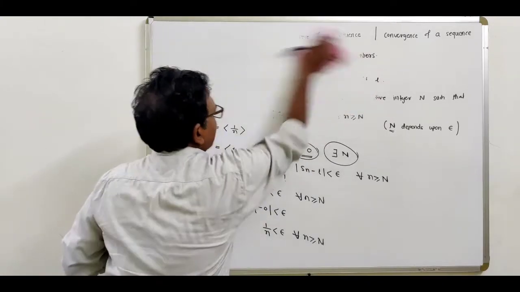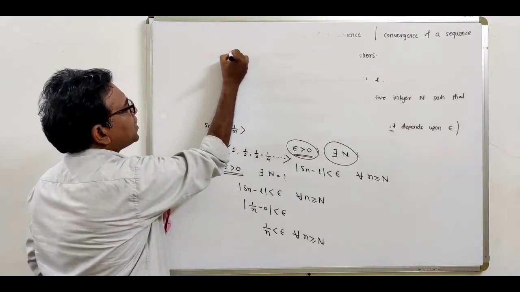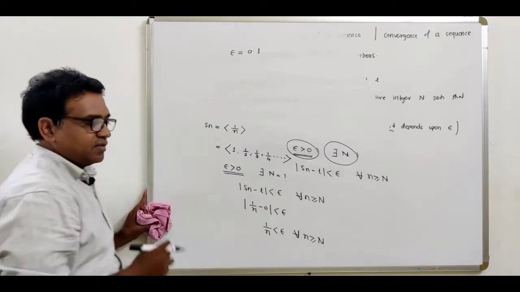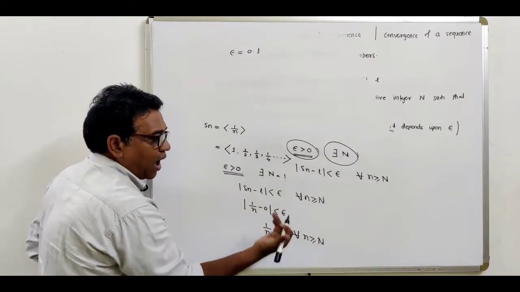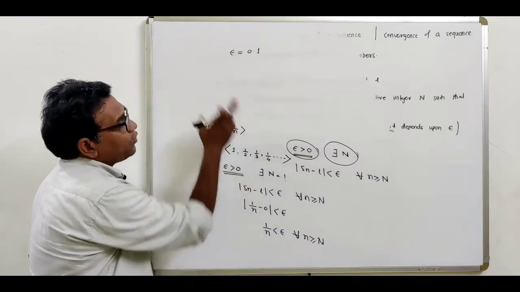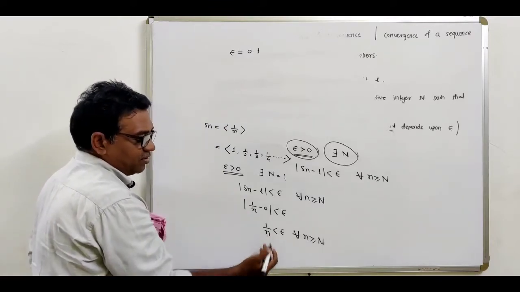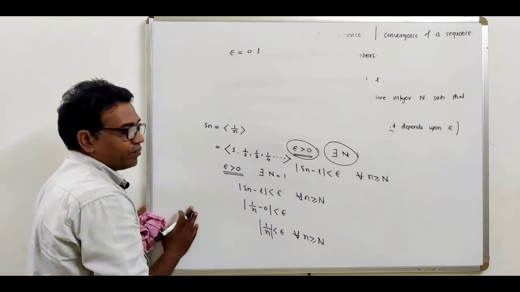Now suppose we choose epsilon equal to 0.1. We will show how this capital N depends upon epsilon. Now what is this condition? 1 upon n is less than epsilon.